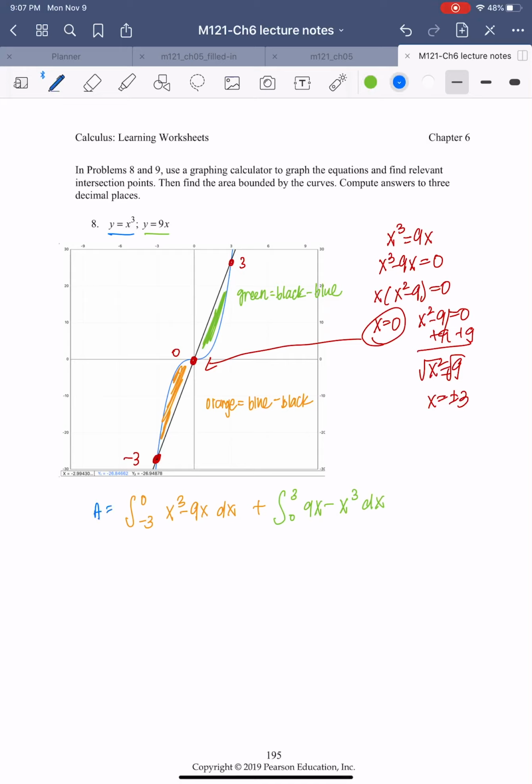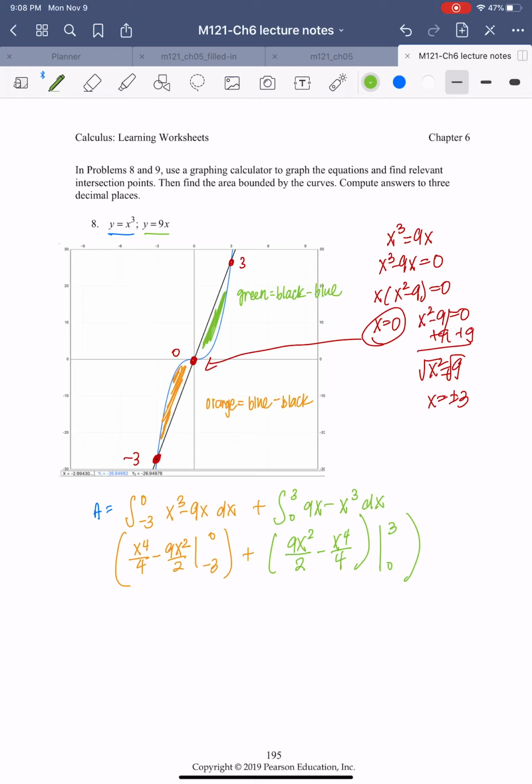Okay, very simple one to integrate term by term. So I'm going to be integrating the orange one. So x cubed, raise the power divided by the new power, minus 9x squared over 2 from negative 3 to 0. And then the green one, same thing, 9x squared over 2 minus x to the 4th over 4 from 0 to 3.